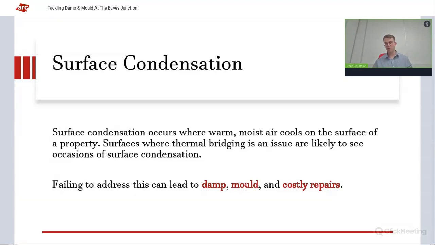So when we put that into the context of warm and cold surfaces, you can think of a beer bottle on a really hot day. You'll notice that you get condensation on the outside, and that's what it is. There's lots of moisture floating around in the nice warm air. As soon as the air gets close to the beer bottle, it can't hold as much water anymore, so the water starts to condense on the bottle. It's the exact same thing in a shower room or just any room in the house.